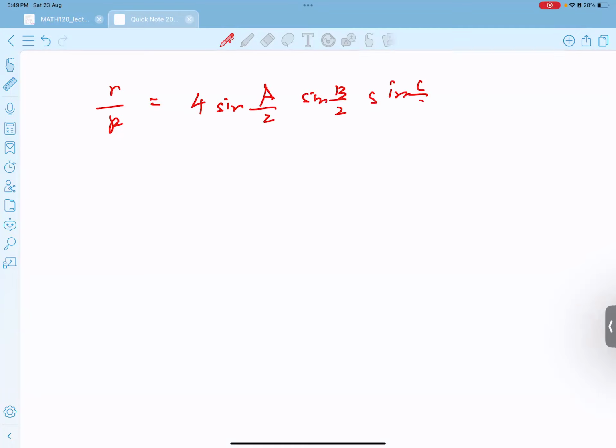So again, when you have these half angle stuff, it's very useful to consider the incenter configurations. So let's draw a circumcircle, and we consider triangle ABC again.